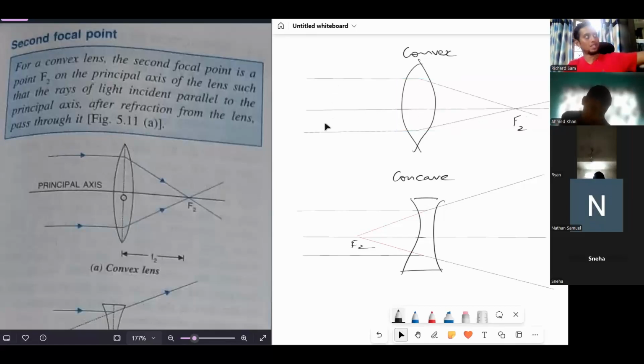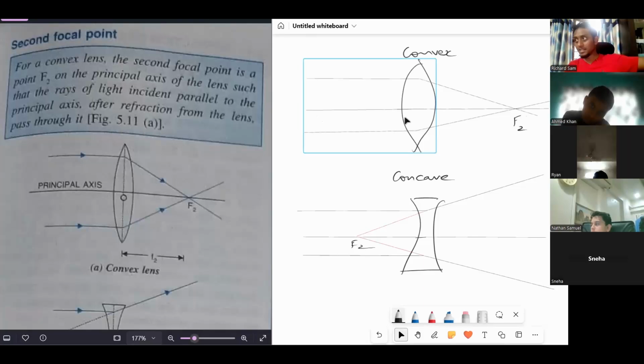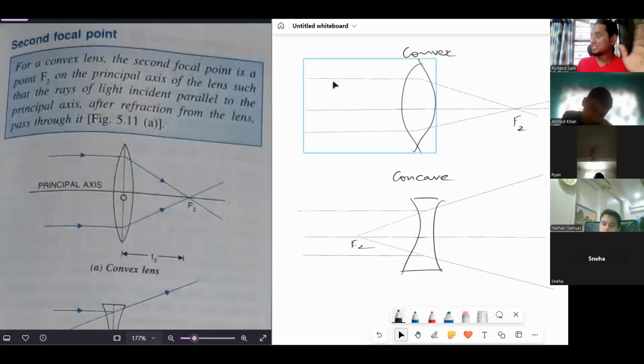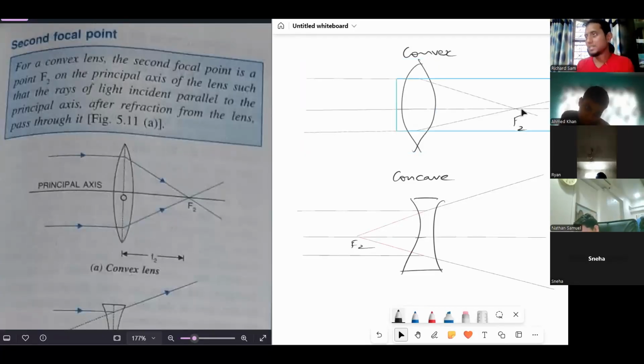So the incident rays are parallel to what? Parallel to the principal axis. The middle line is called the principal axis. After passing through the lens, they get refracted and they meet at that point. That point is called the second focal point. In our own words, if the incident rays are parallel to the principal axis, after refraction, the rays will meet at the second focal point.